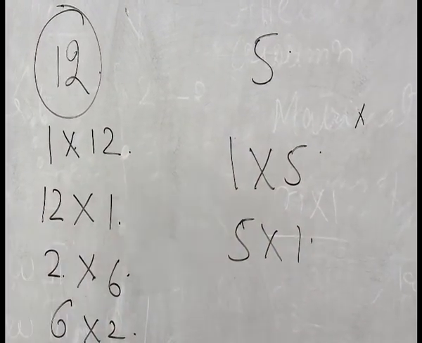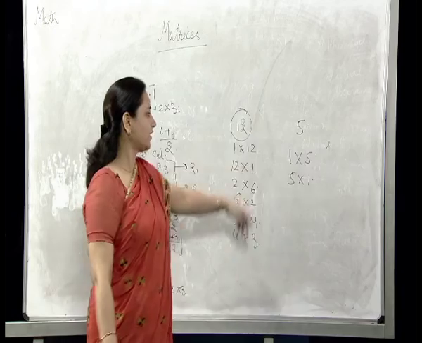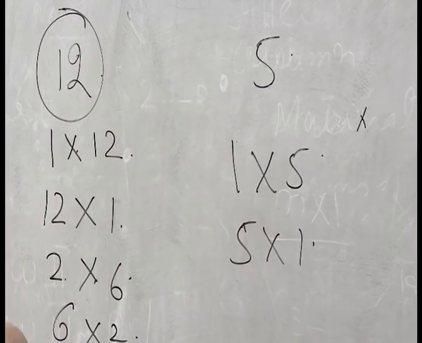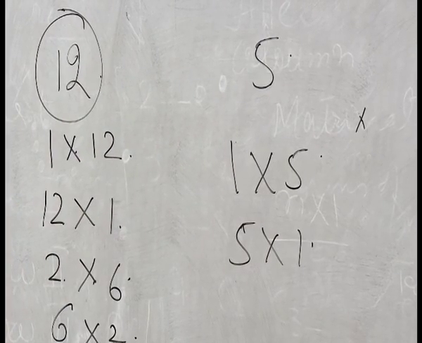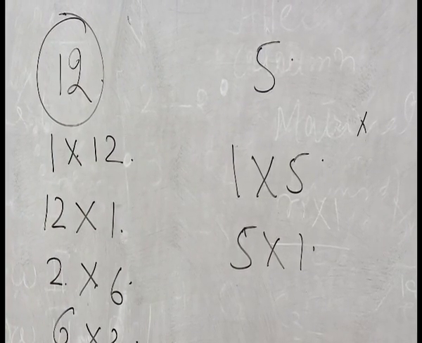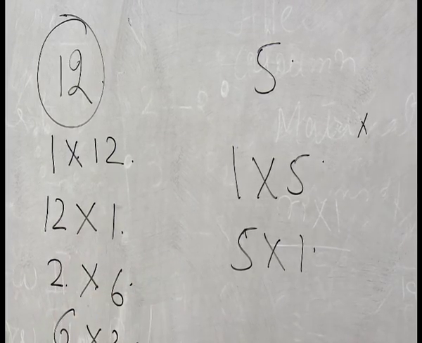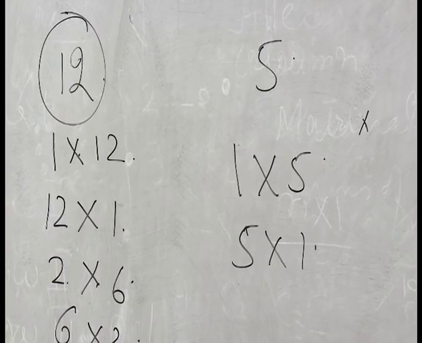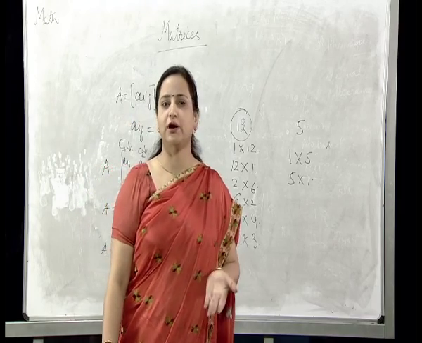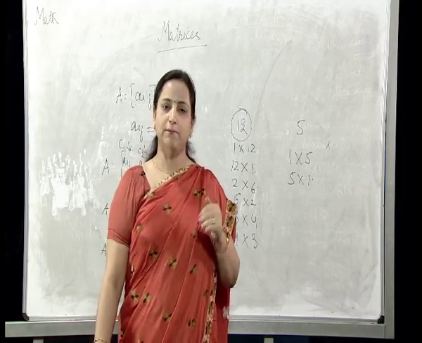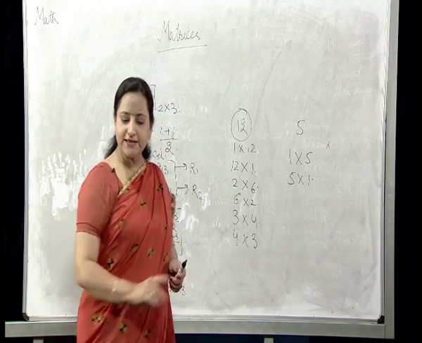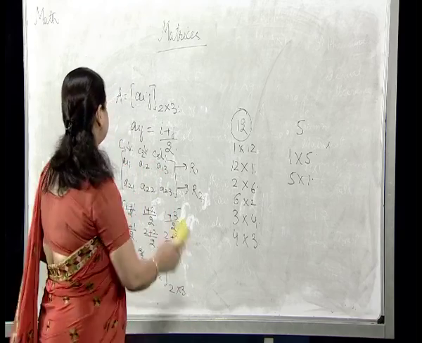So if the number of elements is prime, you will have 2 different orders, 2 matrices: one is a row matrix and one is a column matrix. This is about the order of a matrix. I think by now you are clear with the order of the matrix. Now next, what is a zero matrix?